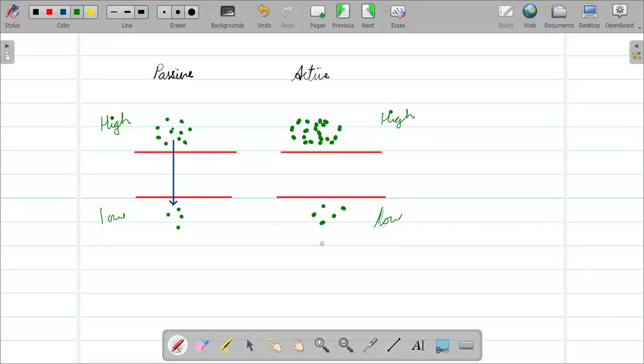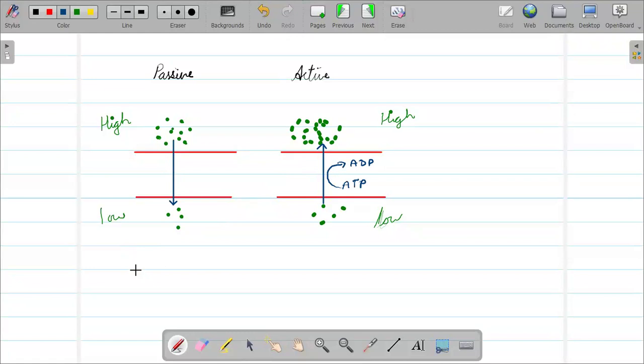So the molecules are able to go against the concentration gradient. Since they go against the concentration gradient, these molecules utilize energy in the form of ATP. ATP is broken down into adenosine diphosphate and an inorganic phosphate, which is utilized for the transport of molecules.